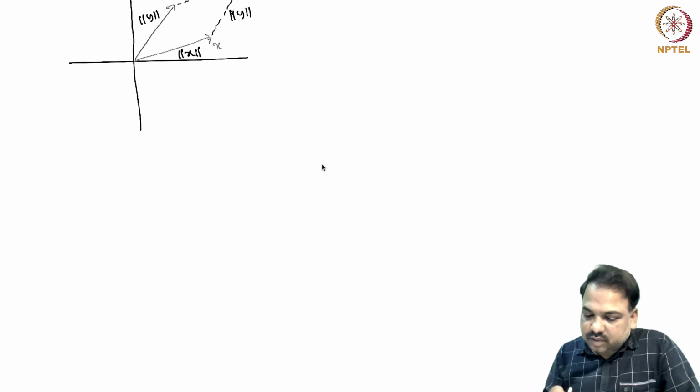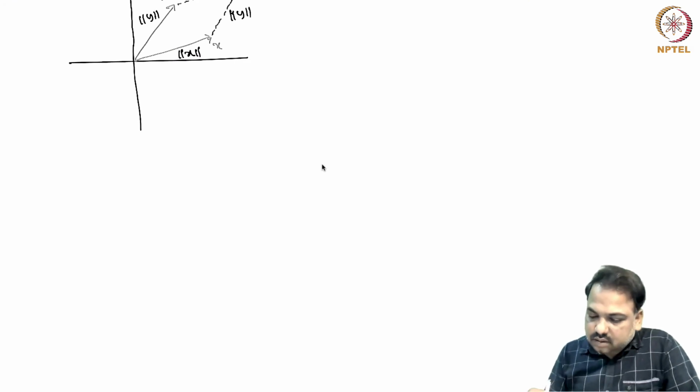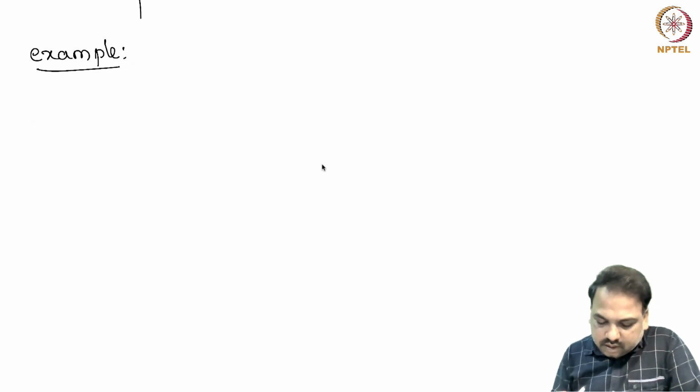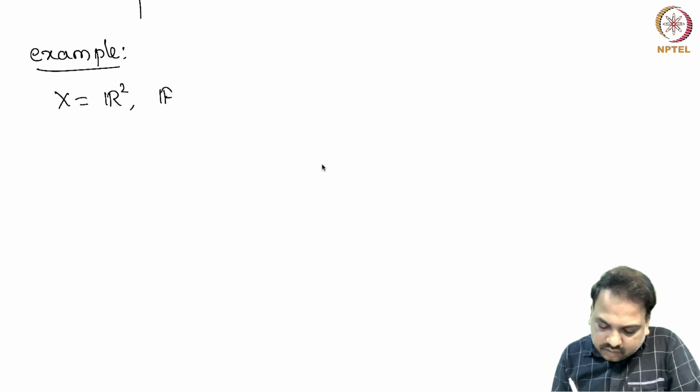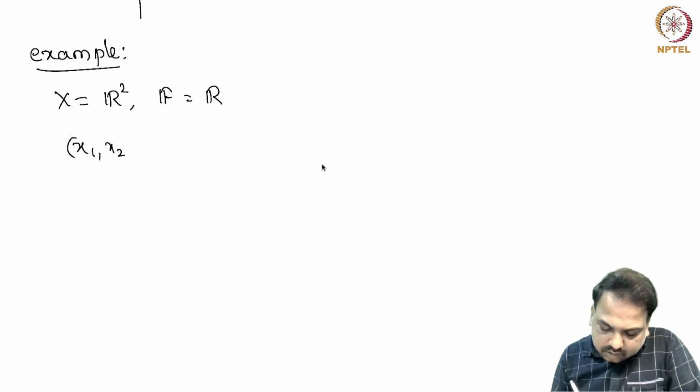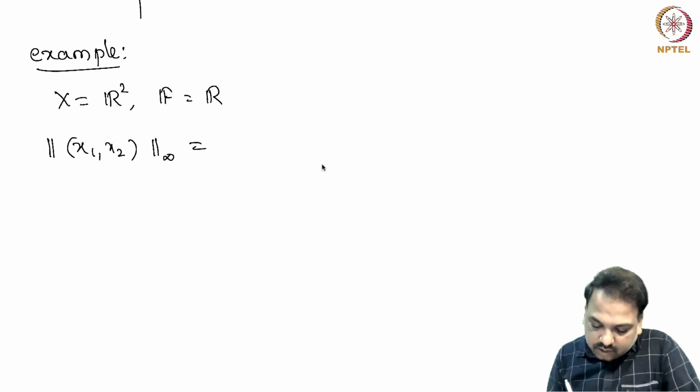Now let us look at a simple example. Let us take X to be R2 and the field is R. Norm of a vector in R2 is given by the maximum of mod x1, mod x2.